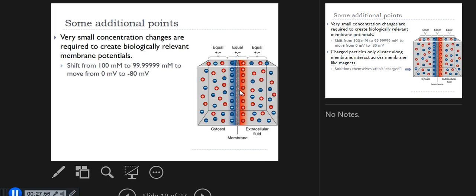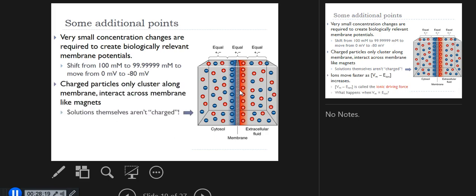When we start to talk about how neurons work, we're really never changing our concentration gradients at all. The concentration gradients are established by the sodium-potassium pump, but then they just stay exactly where they are. What will change is how rapidly different ions are moving across membranes, and that's what really causes any kind of change in membrane potential. So you can treat concentrations as effectively unmovable entities.